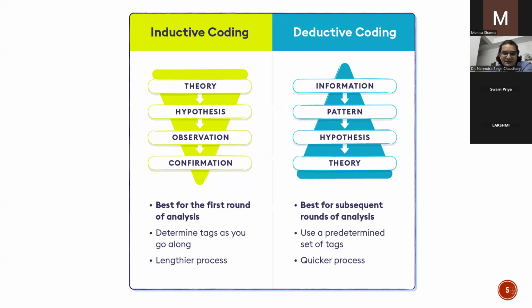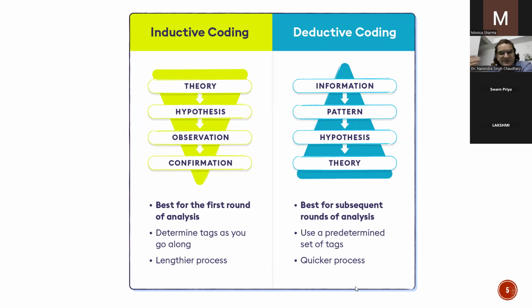Now this is how the coding largely is being done. As we can see in coding, I'm having a theory, I create a hypothesis, I'm having an observation, I want a confirmation, or you can say the validation. Best for the first round of analysis, I can go with the inductive, determining the tags as you go along, in the lengthier process, because it's a lengthier process.